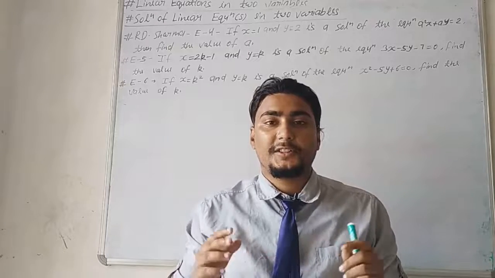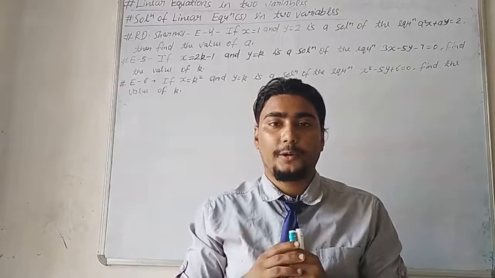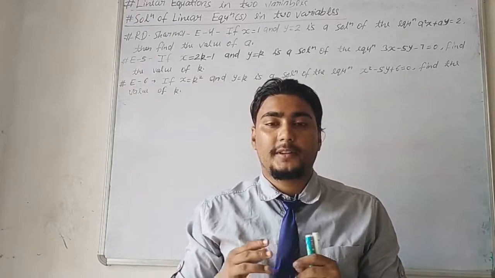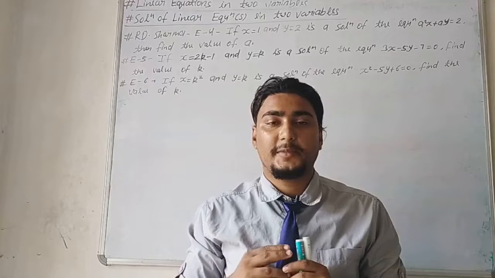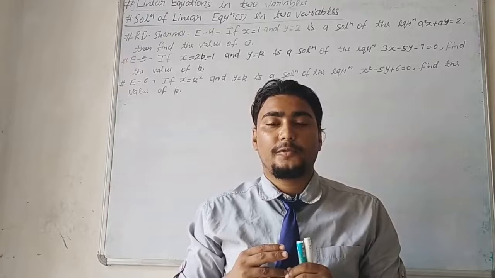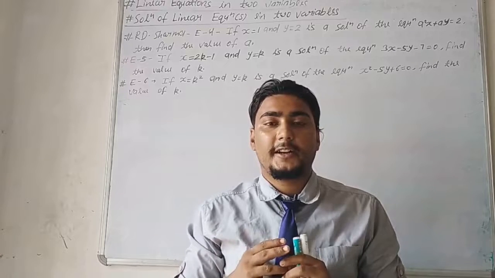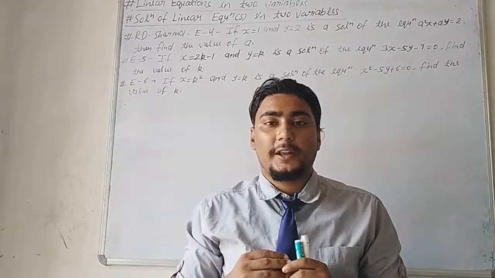As you have seen in the thumbnail, in this video I am going to continue class 9th chapter linear equations in two variables, where we were studying in previous videos the solution of linear equations in two variables, and we had done many examples from the NCERT book.